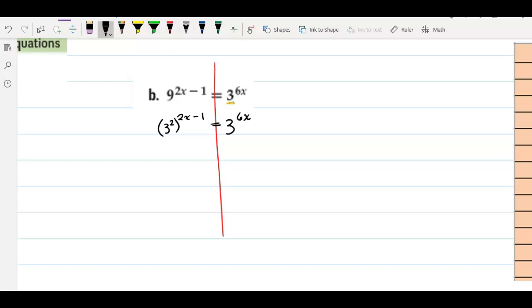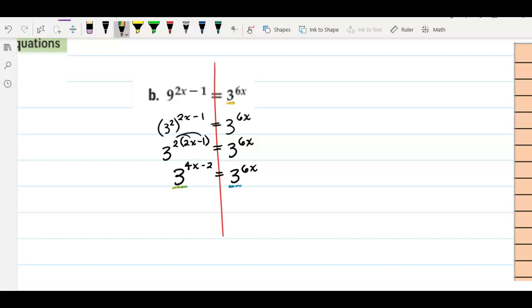Next, we're going to rewrite it as 3 to the 2 times 2x minus 1, just another way of rearranging our parentheses. And then we distribute: 3 to the 4x minus 2 equals 3 to the 6x. Notice we now have each side of our equation with the same base.